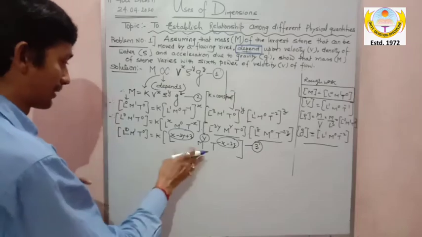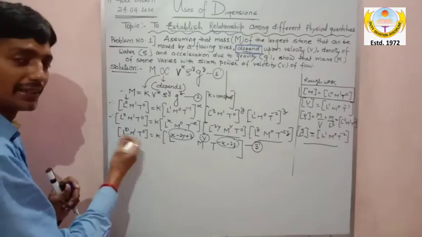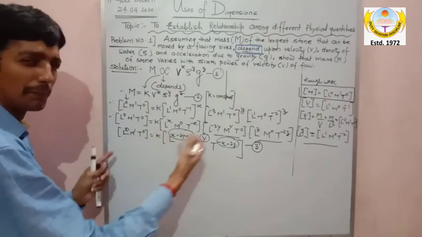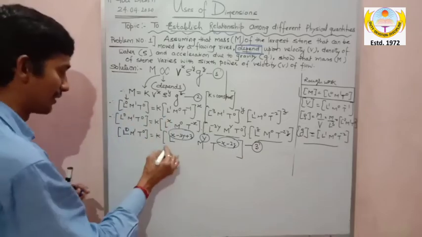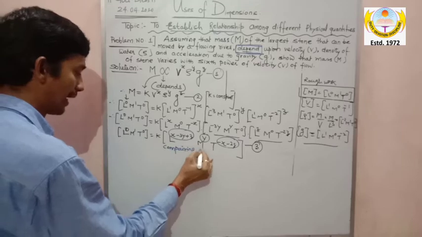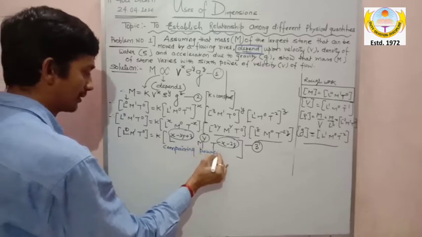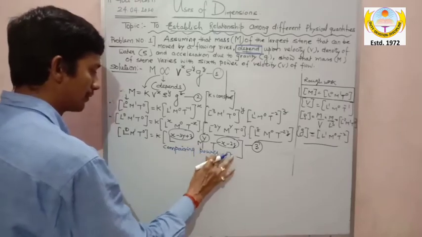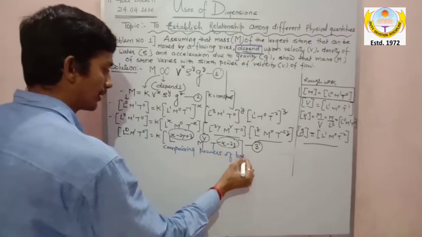But instead, I feel you should write everything even if it is 0, so that you can easily compare. Why take the hurdles? Now here, comparing powers of both sides.